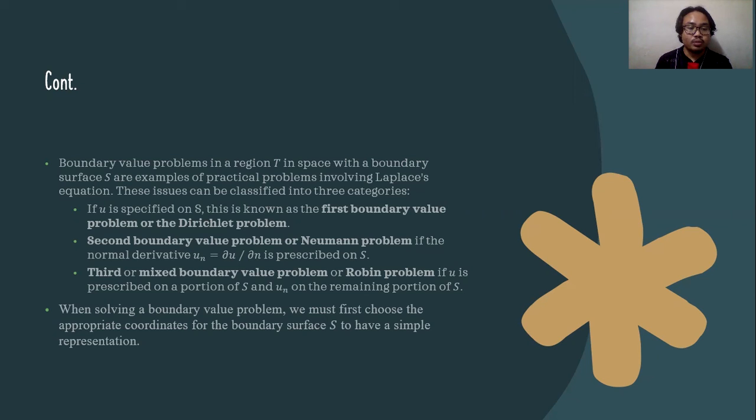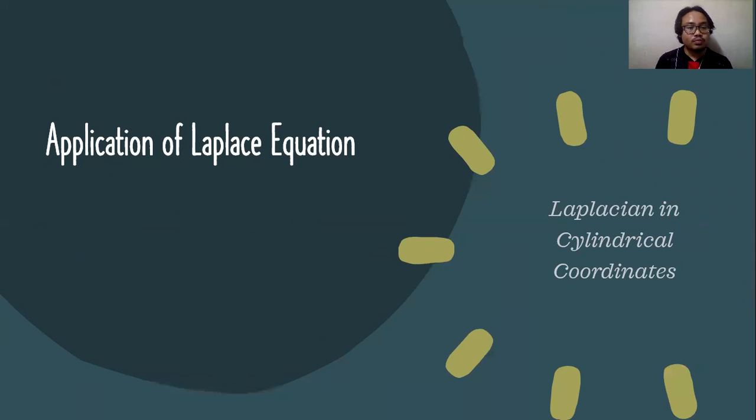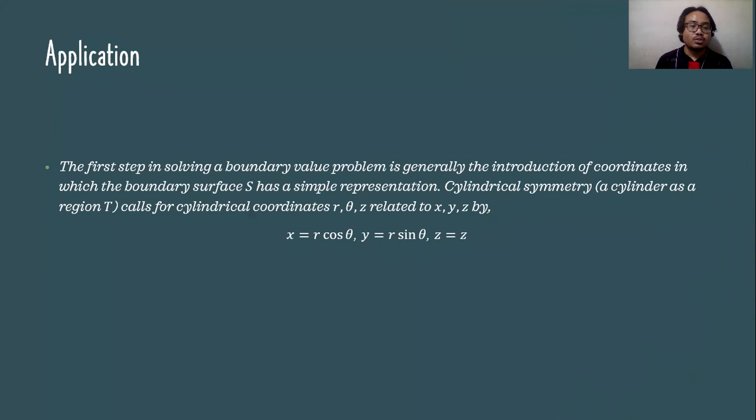When solving a boundary value problem, we must first choose the appropriate coordinates for the boundary surface S to have a simple representation. For the application of the Laplace equation, an example is the equation in cylindrical coordinates. The first step in solving a boundary value problem is the introduction of coordinates in which the boundary surface S has a simple representation.